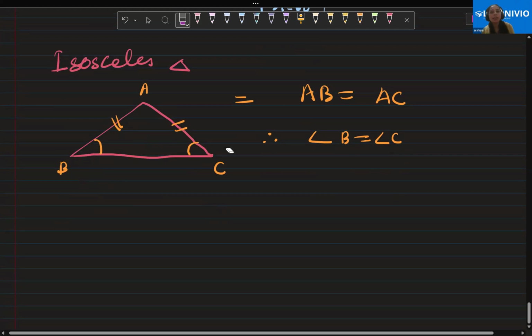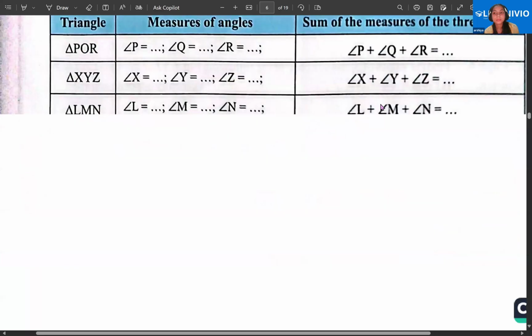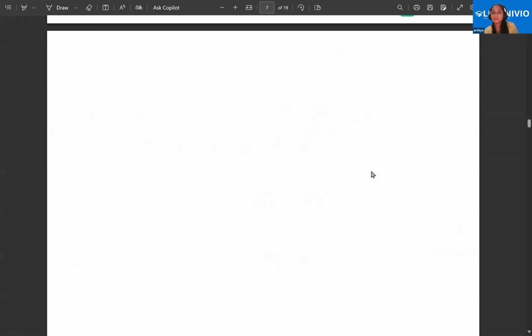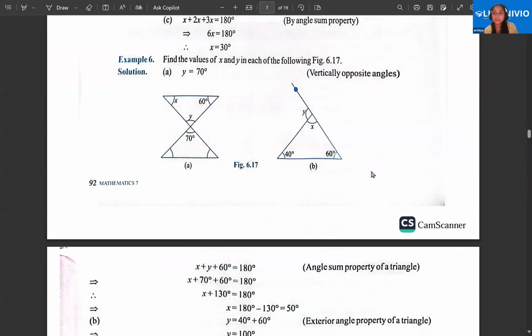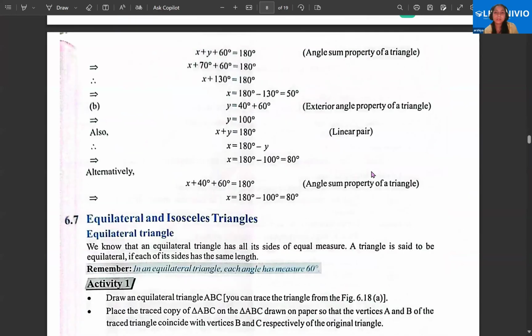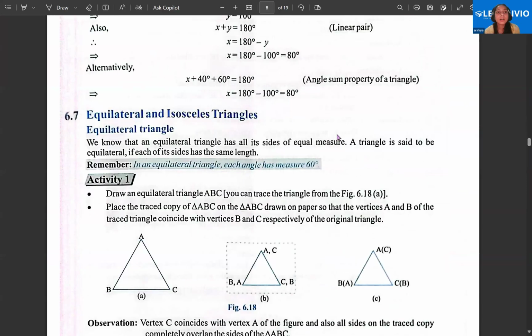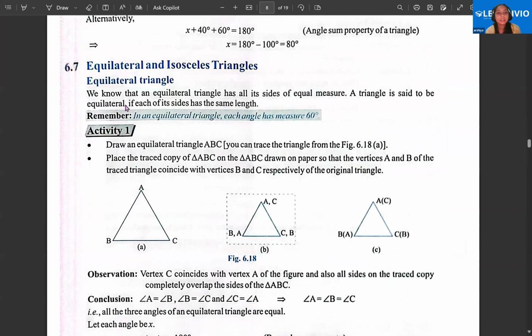Now I have some questions from Zainab's book. Let me share the PDF. Tell me once you can see the screen. Okay, so this is 6.7, equilateral and isosceles triangle.